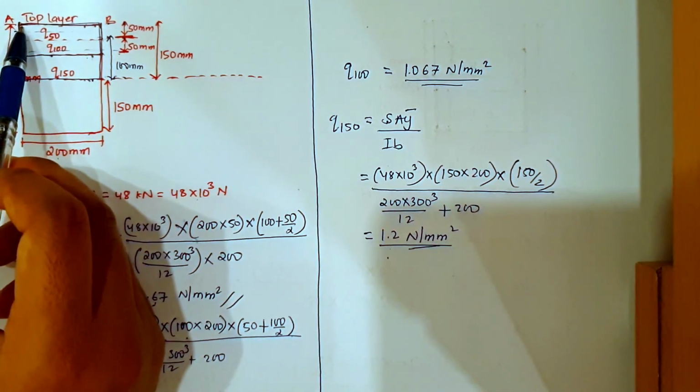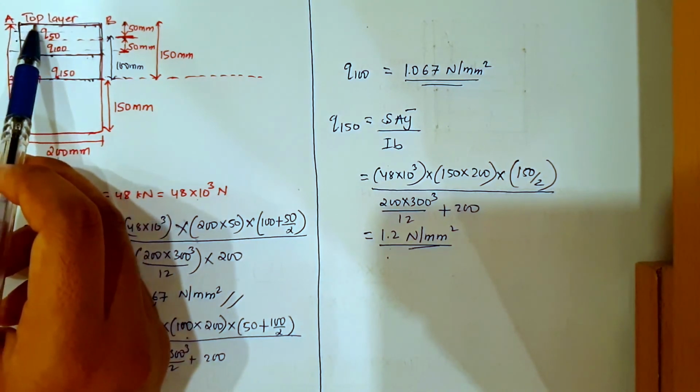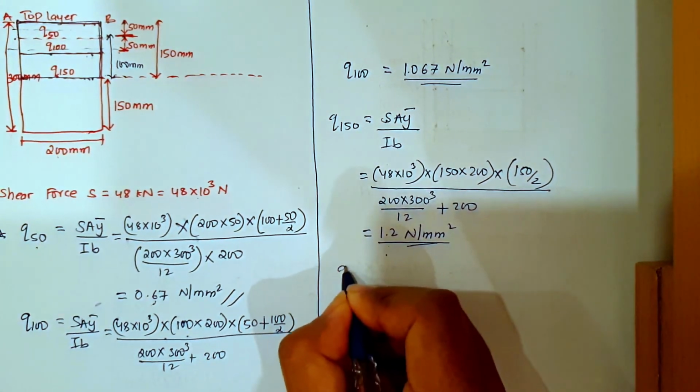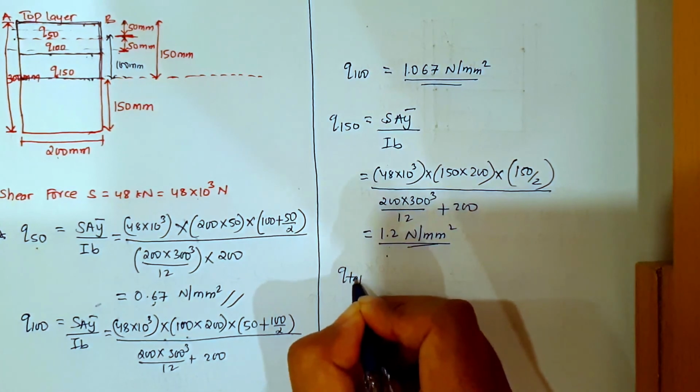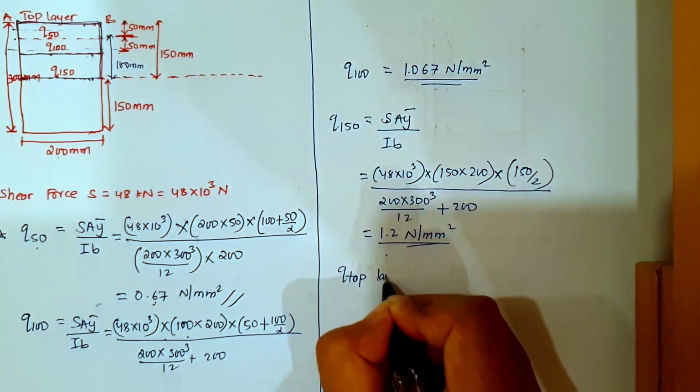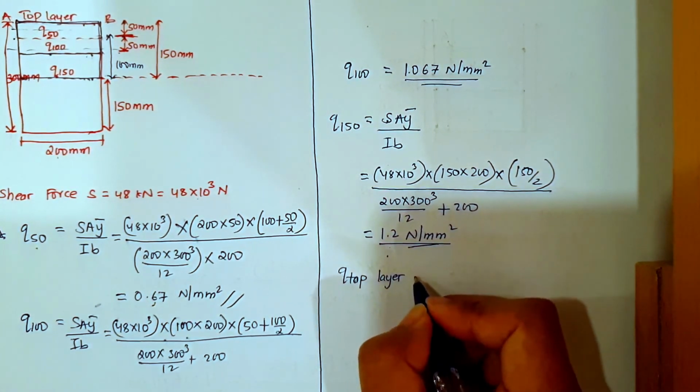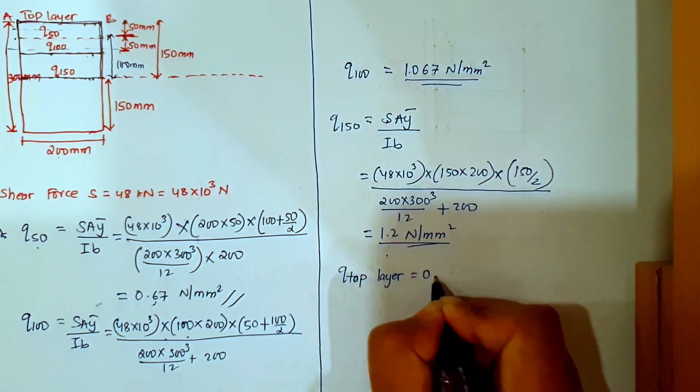Now next we are asked to find shear stress at this top layer. So shear stress at this top layer will be equal to 0. Why 0?